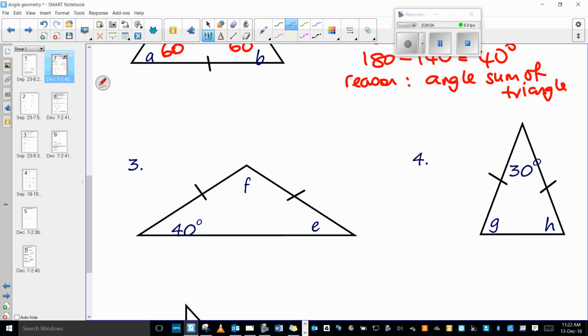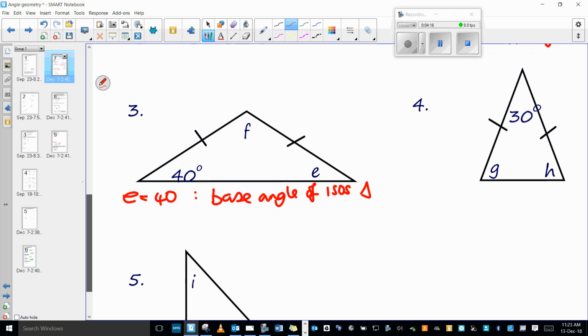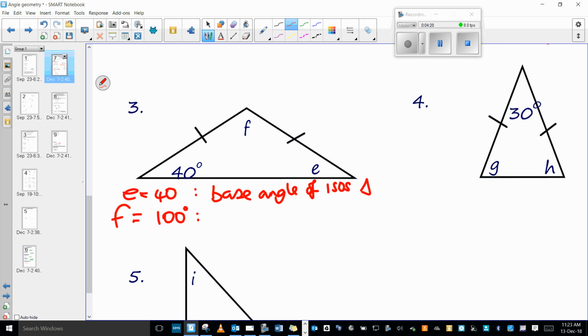So E is 40, and the reason is because it's the base angle of an isosceles triangle. Again, the reason is because it's the base angle, you don't just write it's 40 degrees. And then F, what would F be? And what would the reason for that be? Yeah, so angle sum of triangle.